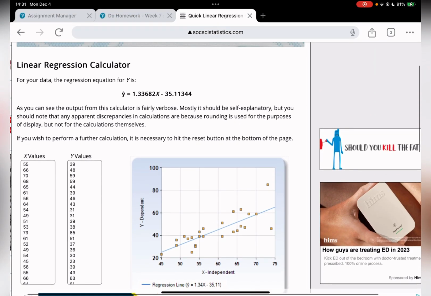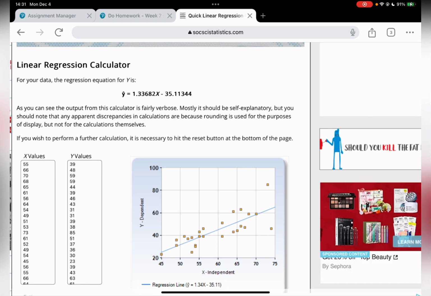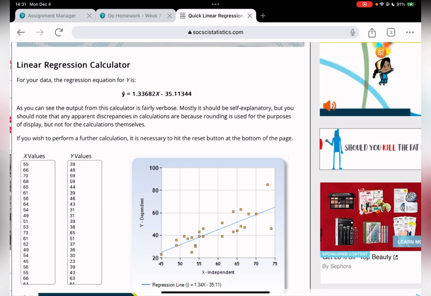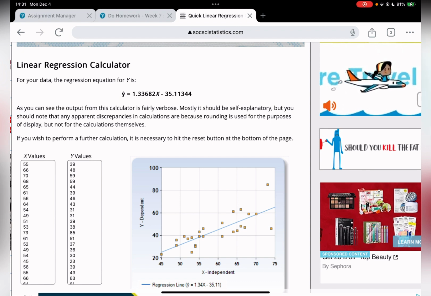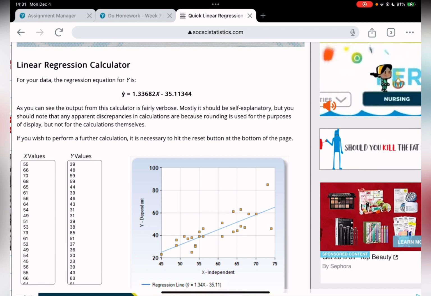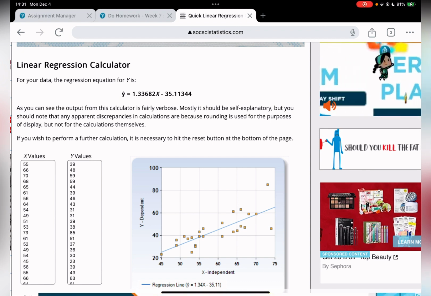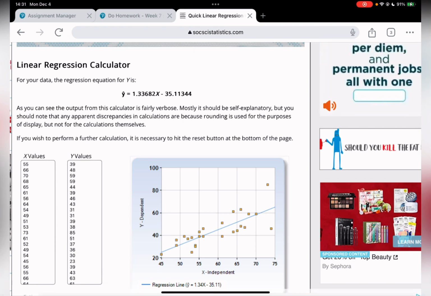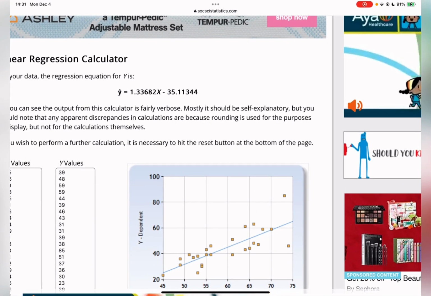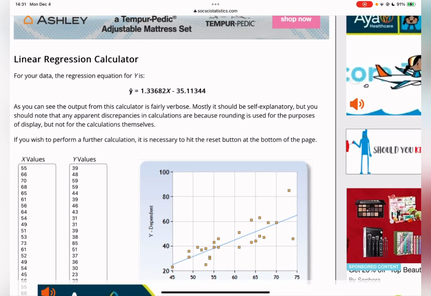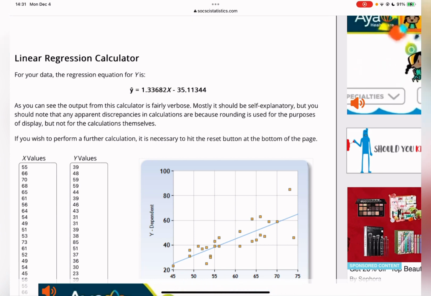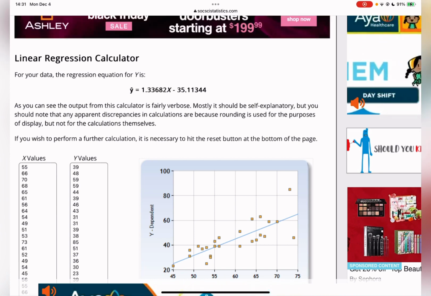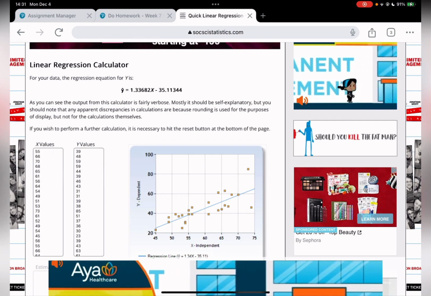See here, y hat is equal to 1.33682 minus, in this case, although it won't match anymore because it changed, but that's how we're going to get negative 351134. That's going to be your regression slope, and 1.3368 is going to be your intercept.